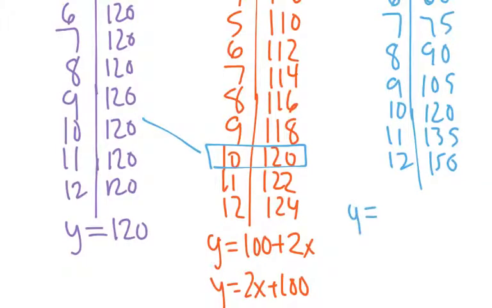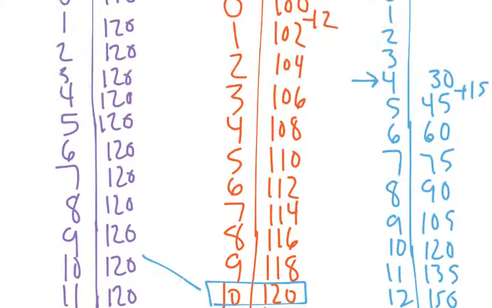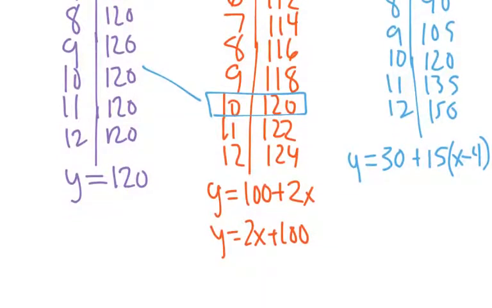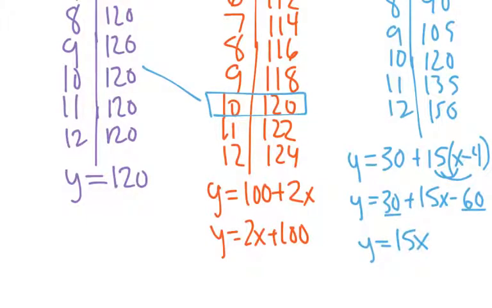So it'd be y equals, we started at 30, we added 15 to that, but then our x actually started at 4. So we'd have to subtract 4 from our x. So if we simplified this, we'd get y equals 30 plus 15x minus 60. Well, 30 minus 60 would give us 15x minus 30.